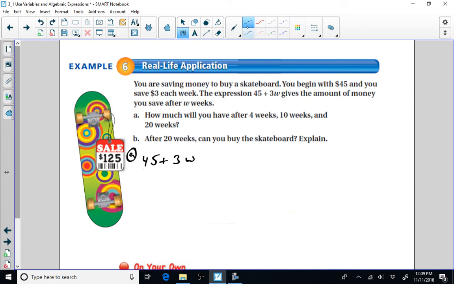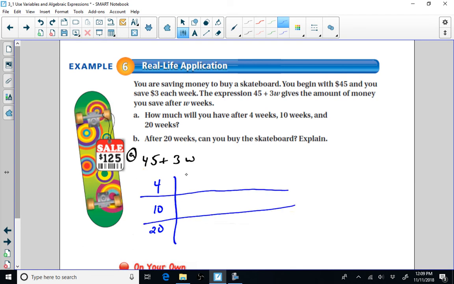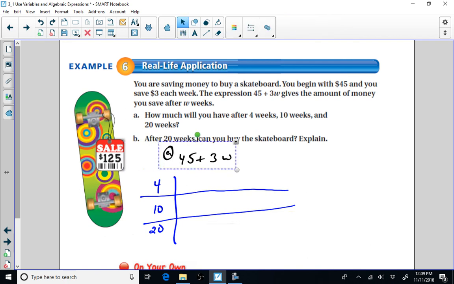So let's do this. We'll set up a little table. I'm going to have 4, 10, and 20. So we have 4, we have 10, and we have 20. Make a little table look something like this. And then we have the expression, and I want to move this expression over here. So we're going to move the expression here, and then that's good.